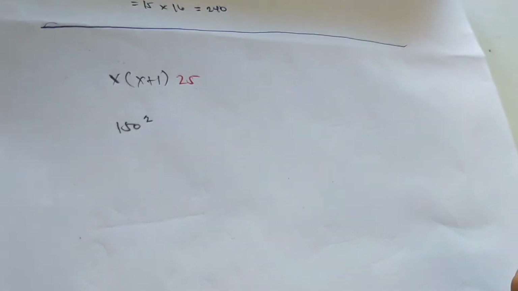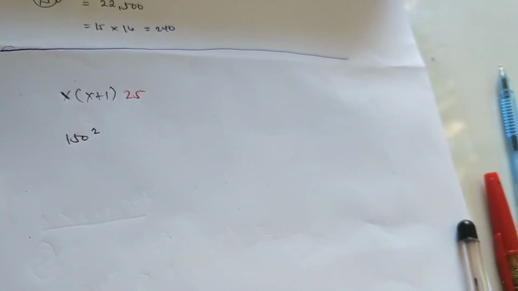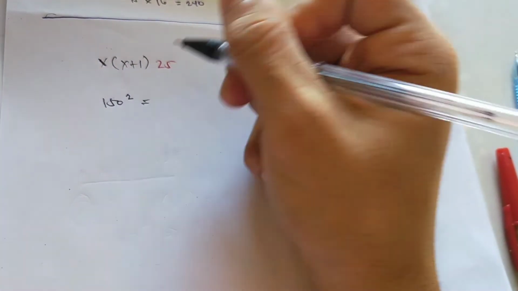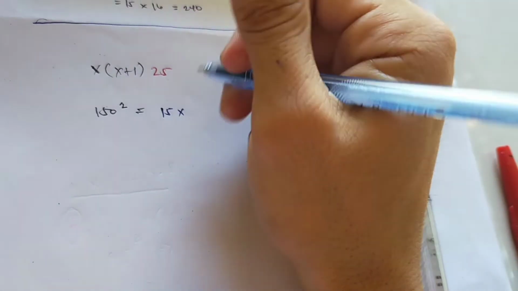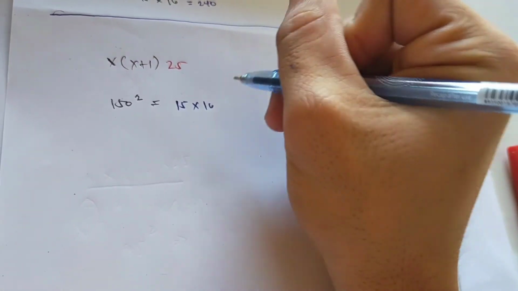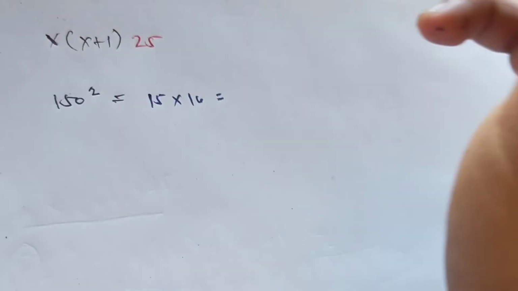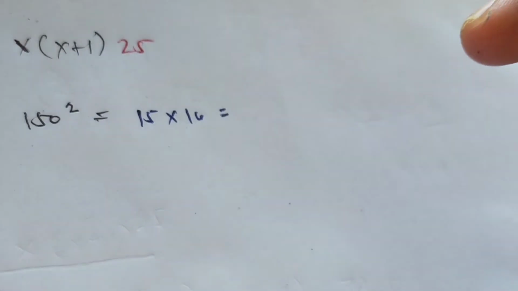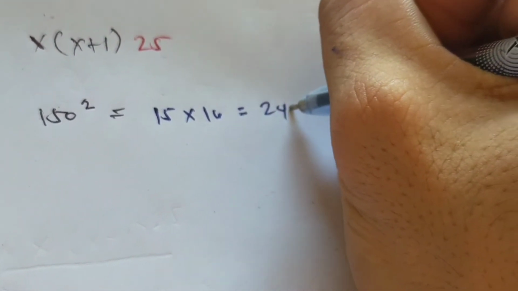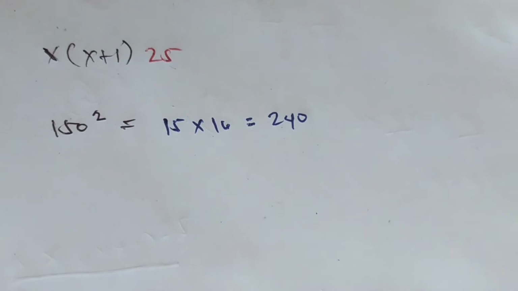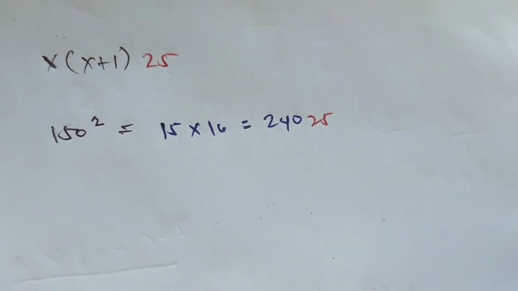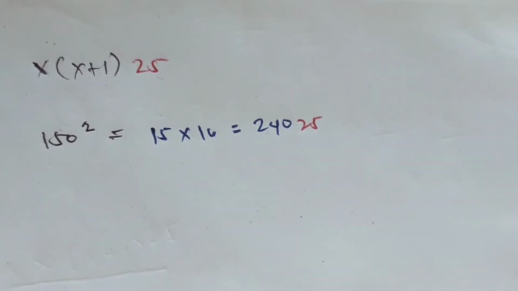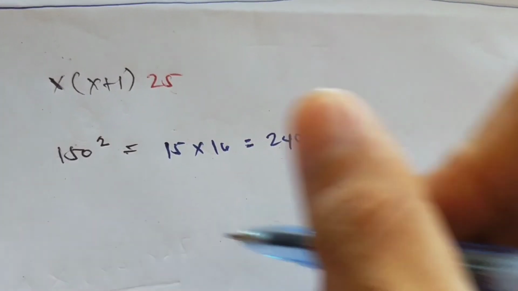So 150 squared, that will be 15 times 16 is equal to 240, and then you are going to tack 25 in the end, and then solve it manually.